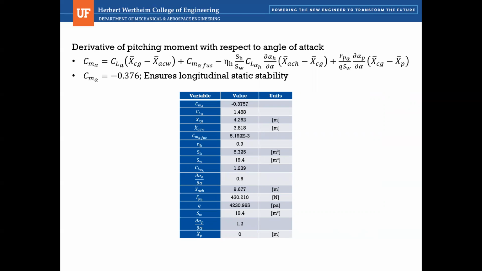The FP alpha all the way on the right side of the CM alpha term is the inlet normal force of our propeller, and that's a function of our propeller design, including blades and area of blades. It turns out that our CM alpha was negative 0.376, and that ensures longitudinal static stability. This table is all the variables we used in the equation on top.